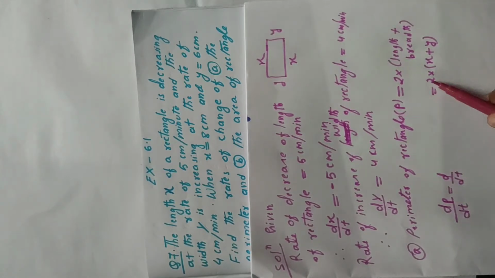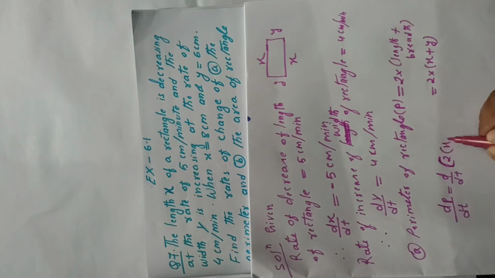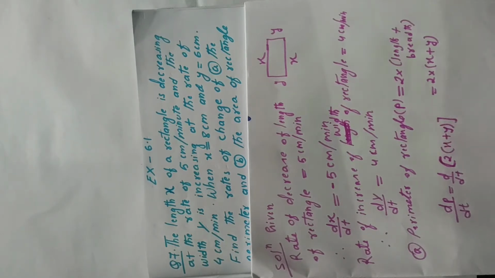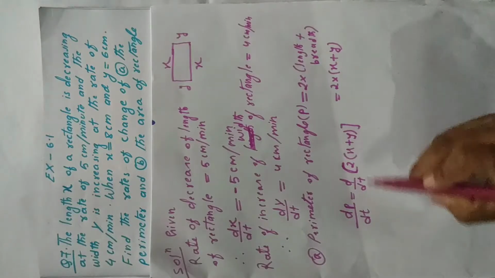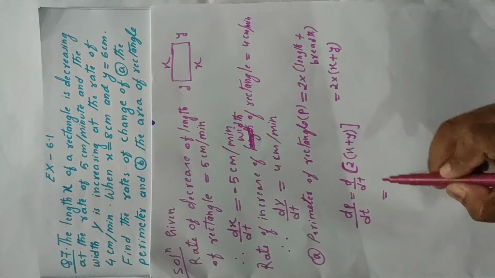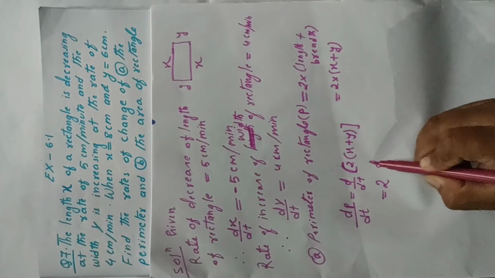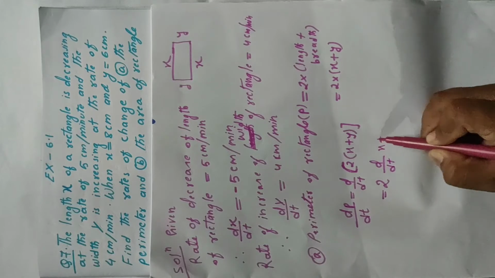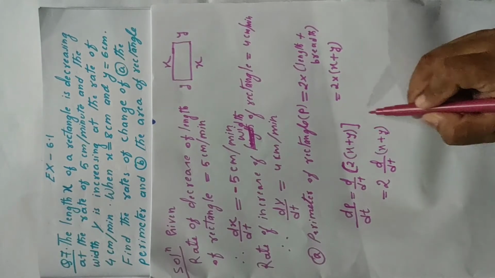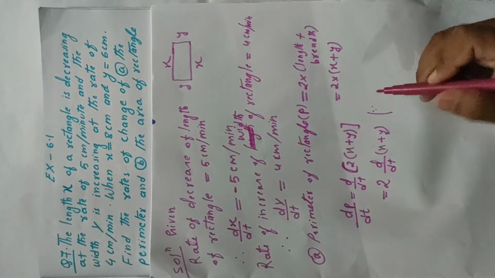Then the rate of change of perimeter with respect to time is written as dP/dt. Now instead of P what we can write? 2 into x plus y, isn't it? Now we have to differentiate it. Since 2 is a constant, here 2 d/dt of x plus y. Now we have to use this differentiation formula.